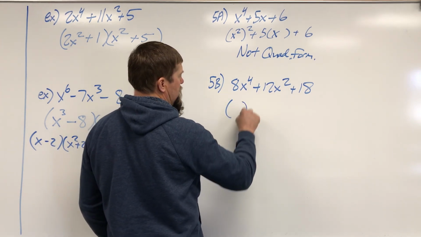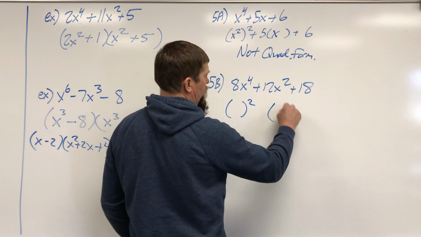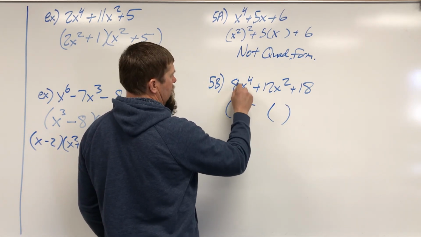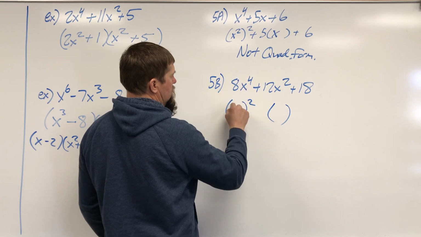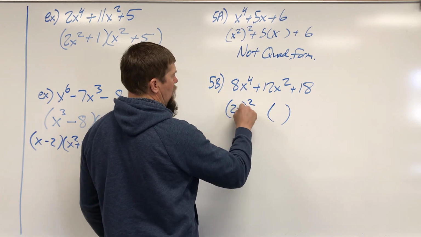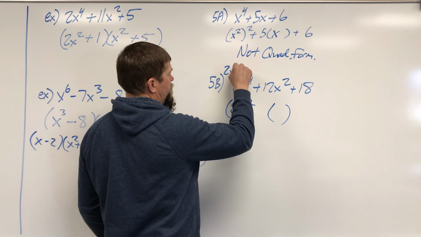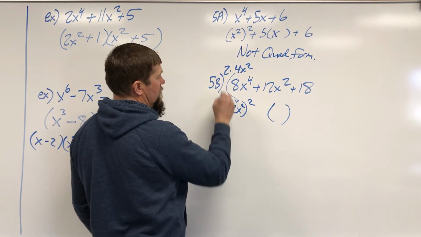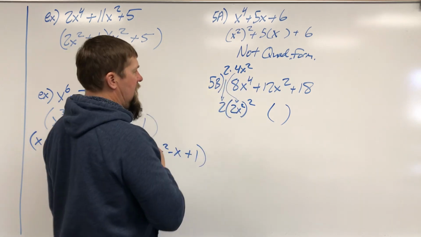I want to know what's being squared here, and then that same thing to the first power. Well, I know there's a 4 involved here, so that could be a 2x squared. So this part goes inside with the 2 staying on the outside.